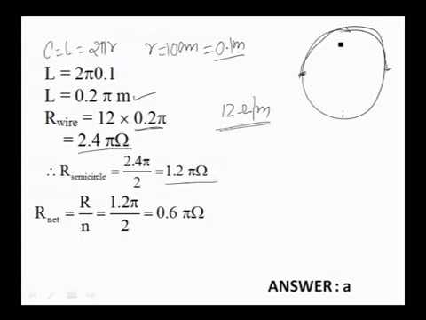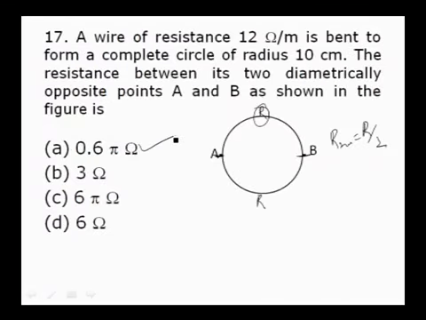So this is 1.2 pi and this is also 1.2 pi. These two are identical. When the resistors are identical, we can use R net equal to R by N. So the R value is this. How many resistors are there? 1, 2, divided by 2. We get 0.6 pi ohm. Therefore, the correct option is A. This is the correct option for this problem.